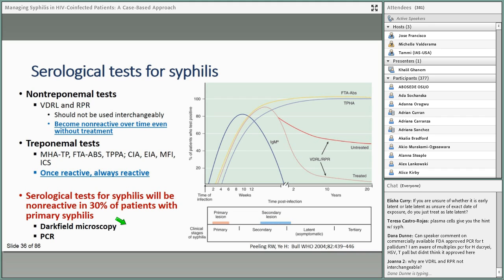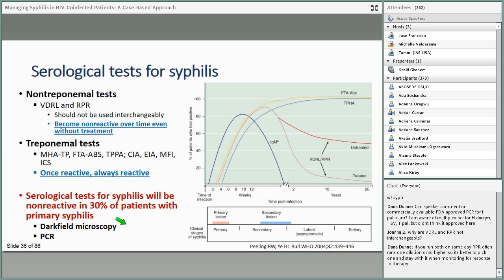Usually, if the patient is treated, these titers will become non-reactive faster, but in 3 to 5 years after exposure, even if a patient is not treated, these non-treponemal titers may become non-reactive in some patients. So keep that in mind. Non-treponemal titers can become non-reactive over time, whether a patient is treated or not. Treponemal titers, once positive, always positive. So those are some very important key points to remember with the treponemal and the non-treponemal tests.